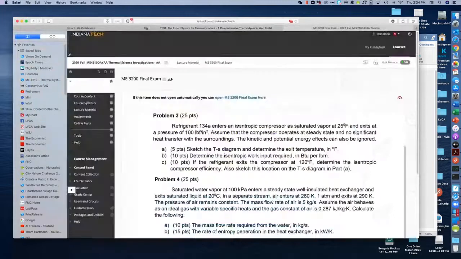So for instance, if I wanted to solve this particular problem, this problem number 3, we see that this is a steady flow problem with refrigerant 134A entering an isentropic compressor. It's coming in at 25 degrees Fahrenheit as a saturated vapor, which means that it's all the way at the right side of the dome with a quality equal to 100% or quality equal to 1.